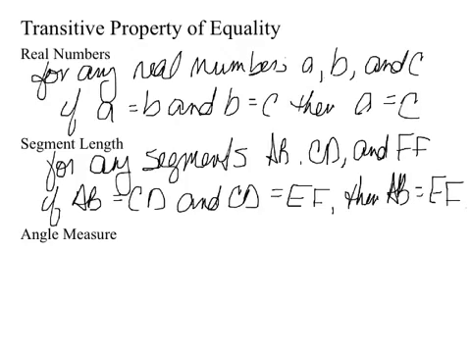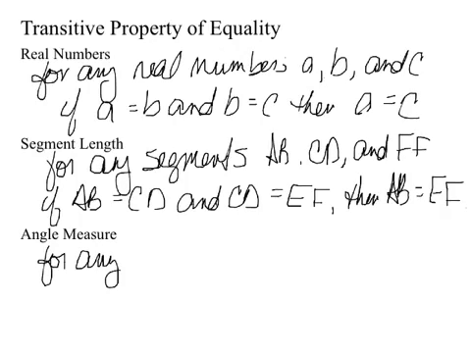That's sort of like the law of syllogism, isn't it? If P then Q, then Q then R, then P then R. But it's the transitive property of equality because trains go from AB to CD, and CD to EF. So then they're going to go from AB to EF.